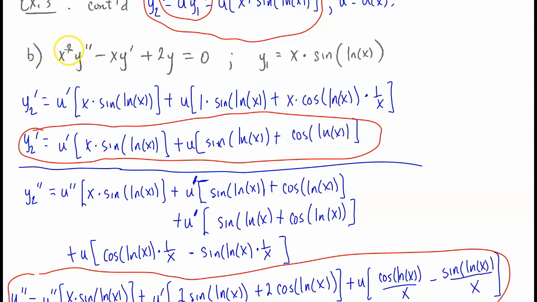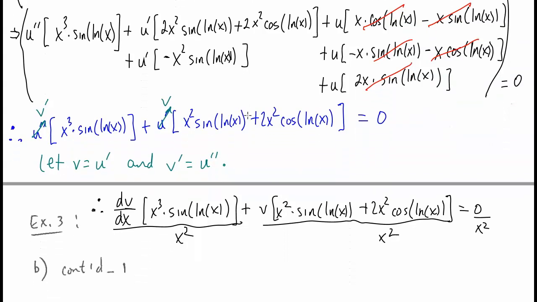And so it would no longer be of order 2 if x was allowed to be 0. As a matter of fact, it wouldn't be of order 1, it would just be some horizontal line, namely y equals 0. And of course, we know that with these second order linear ODEs, y equals 0 is always a solution to it, okay? So not anything surprising there.